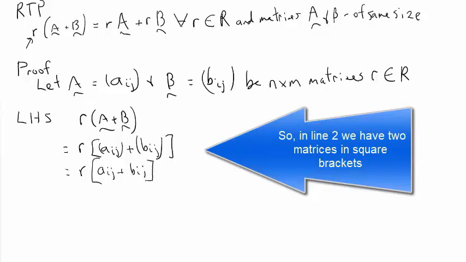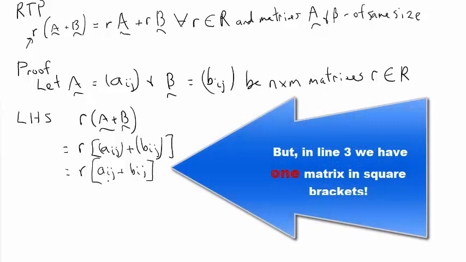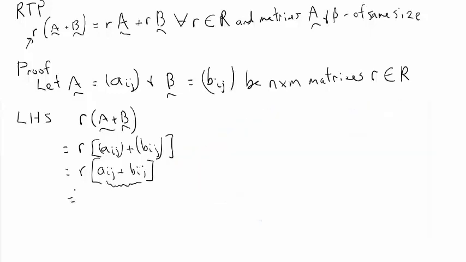Now, because we've added the matrices here, this is essentially two matrices added together in that expression. We can now apply the distributive law for real numbers. So applying it for real numbers, we get r a_ij plus r b_ij.